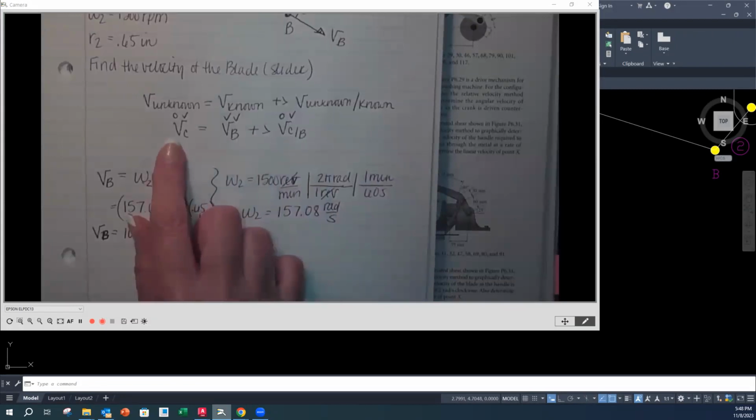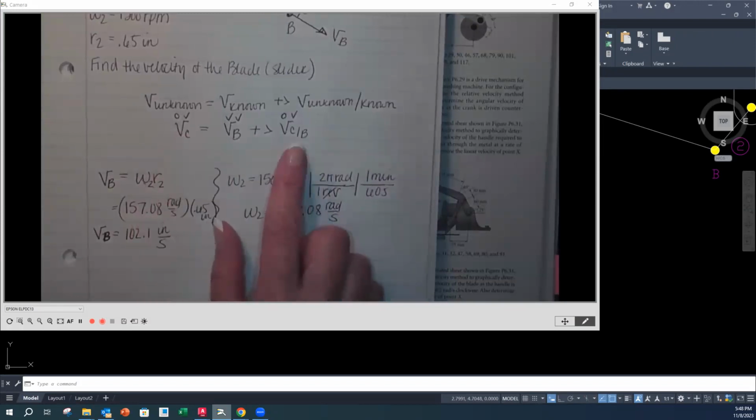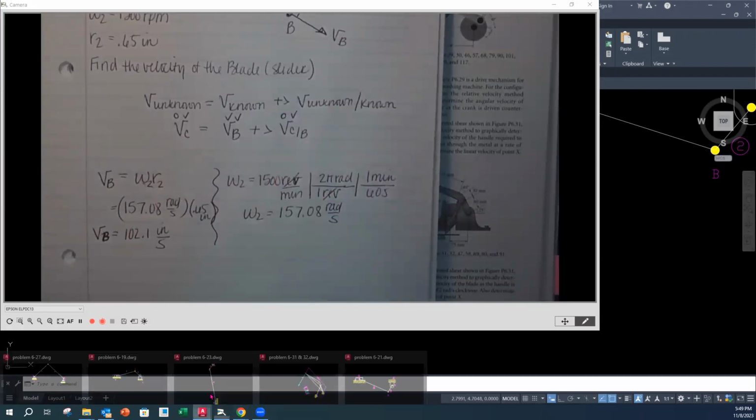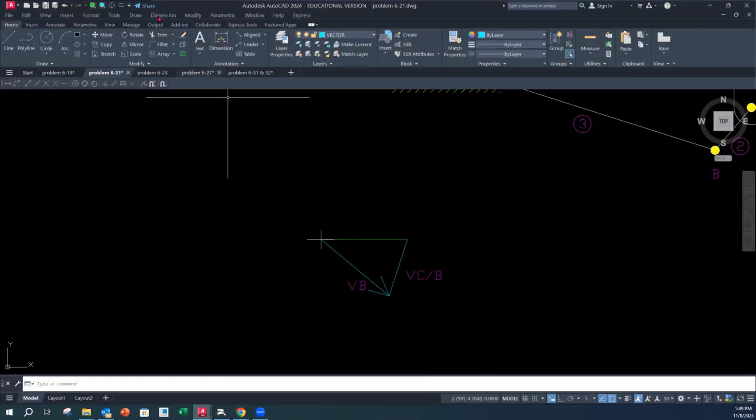And then for velocity of C, its tail is going to start at the origin, but its tip is going to go to that last vector on the other side of the equation. So right here, I'm going to add in my lines for my arrowhead. Then I'm going to switch this to resultant and do the same thing for that one, making them a little bigger so they look a little different.